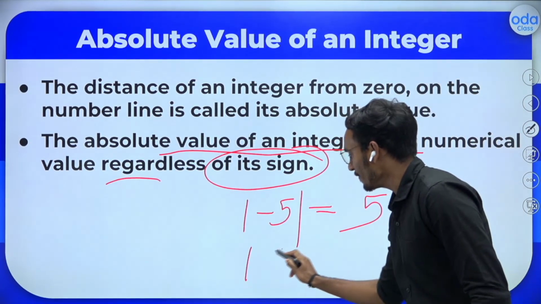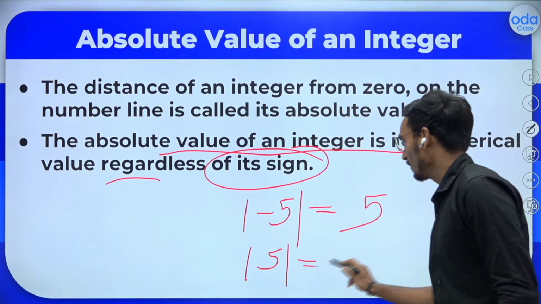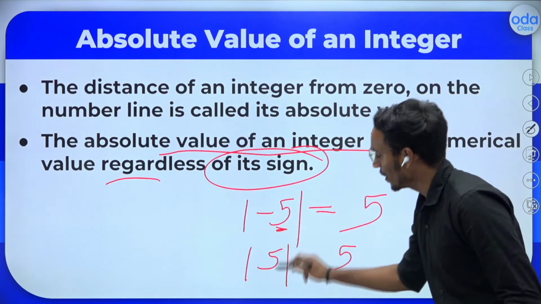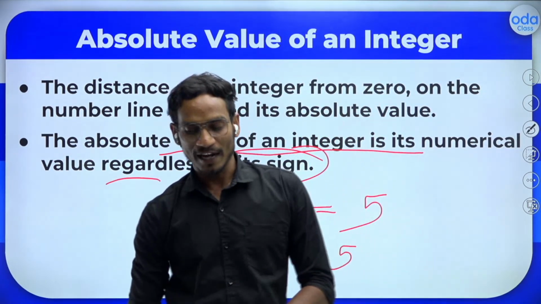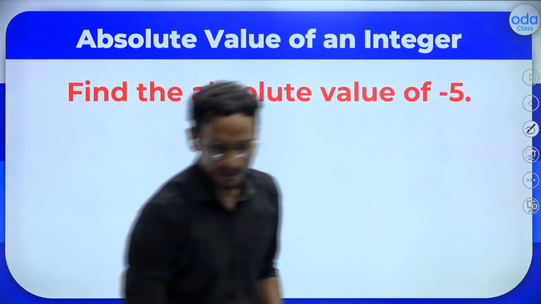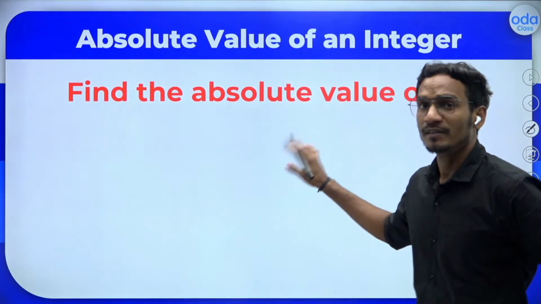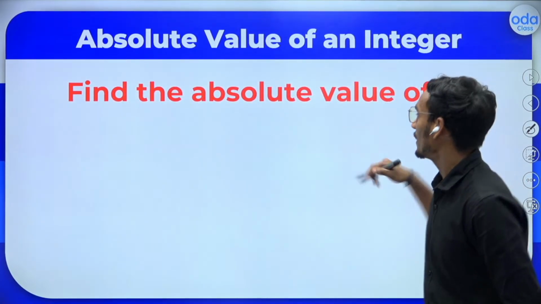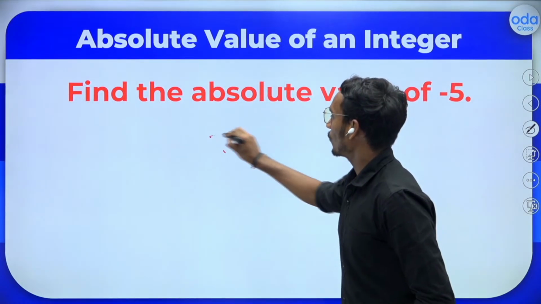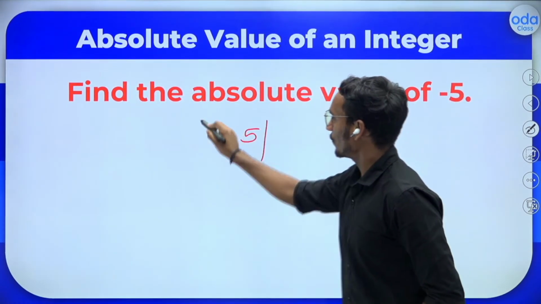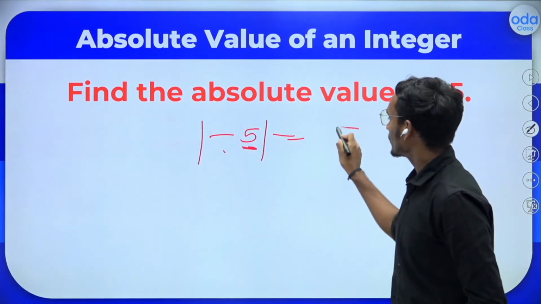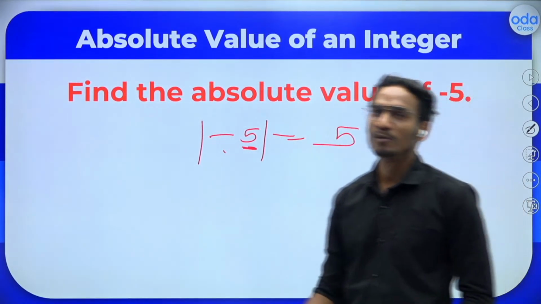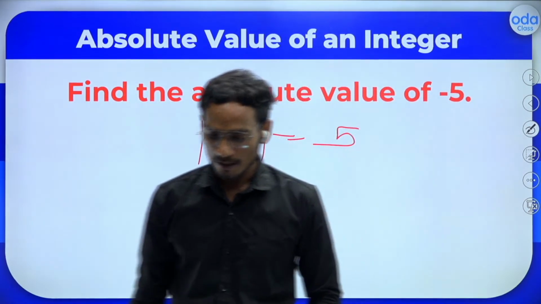The absolute value of 5 is 5 only, because here we will focus only on the numerical value. Tell me, kids, what will be the absolute value of -5? Just focus on its numerical part. Forget about the sign. So its numerical value will be 5. So we can say that the absolute value of -5 is equal to 5.